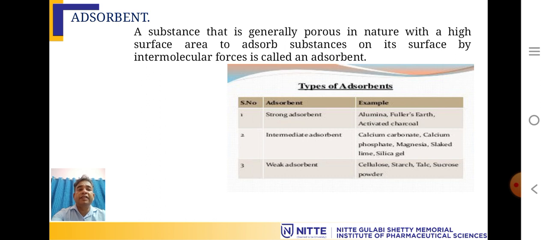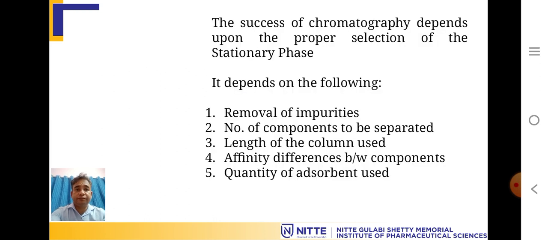So look here, even the examples are given in the table, showing the strong, intermediate, and weaker adsorbents. It shows how the sample interacts with the stationary phase during separation. On that basis it has been classified.